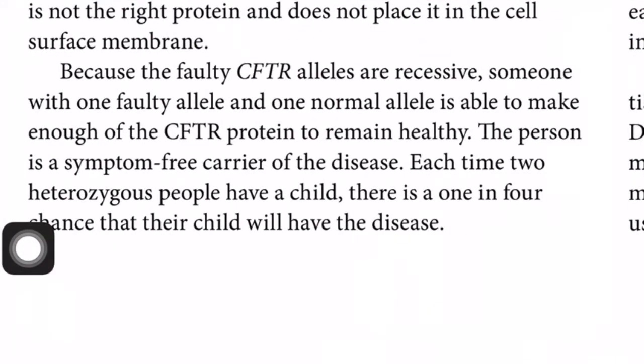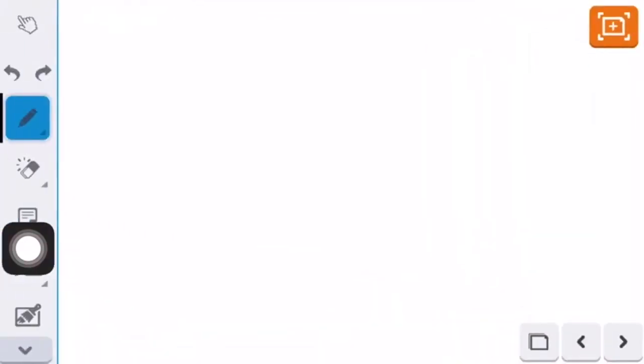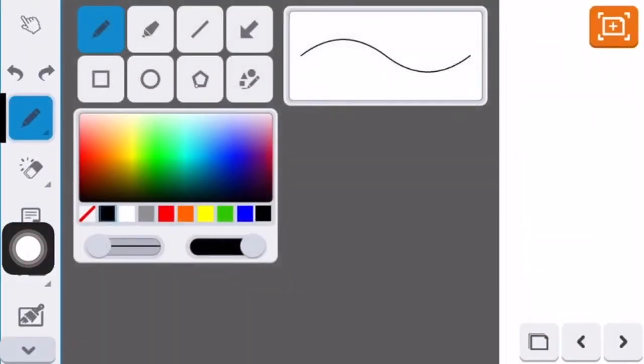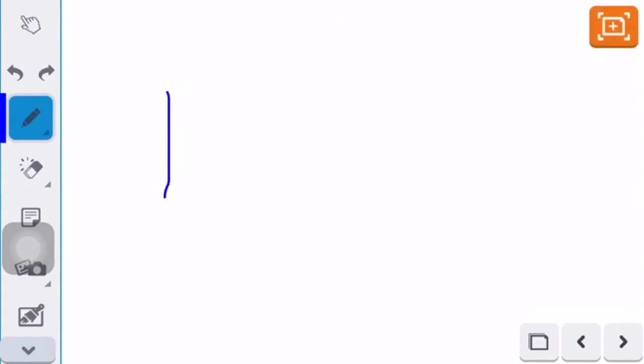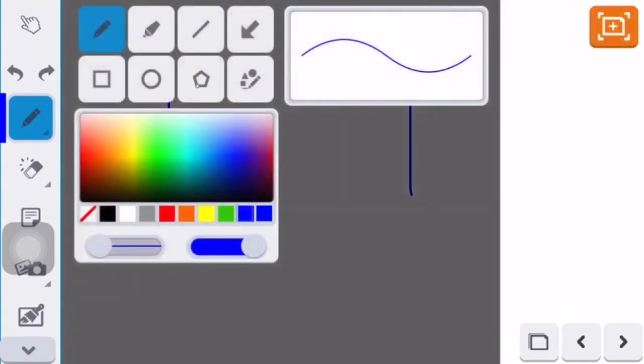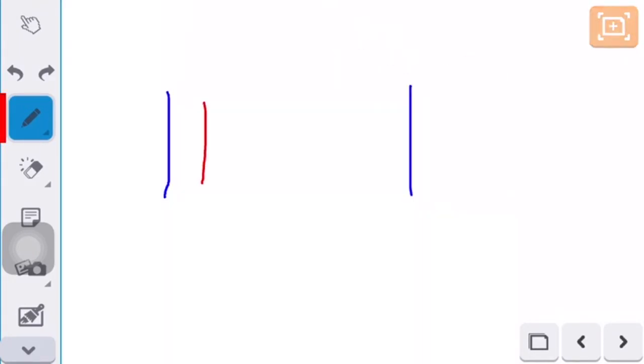The person is a symptom-free carrier of the disease. Each time two heterozygous people have a child, there is a 1 in 4 chance that the child will have the disease. We know how this happens. Say this is heterozygous, meaning both a dominant allele and a recessive allele are present.